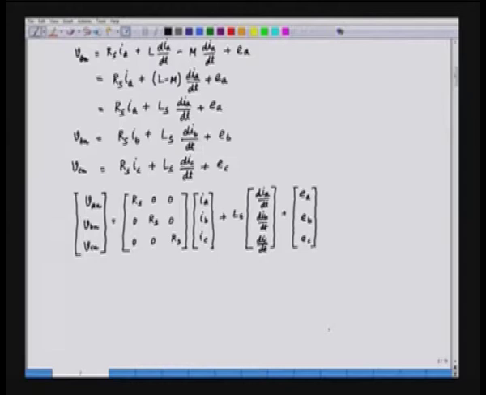Now, we need to find out the values of dIA by dt, dIB by dt and dIC by dt. So, we can take this out. On the left hand side we can write dIA by dt, dIB by dt, dIC by dt.